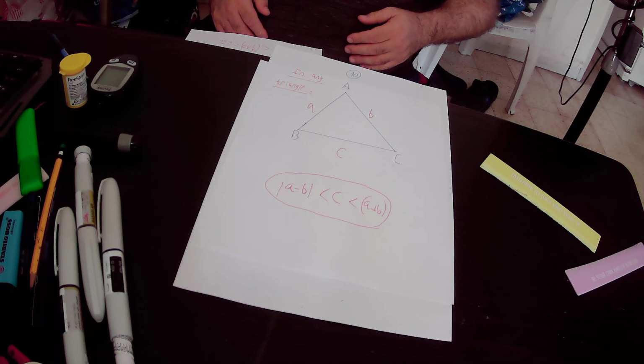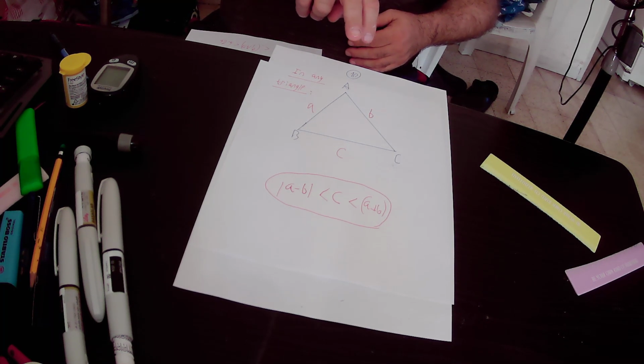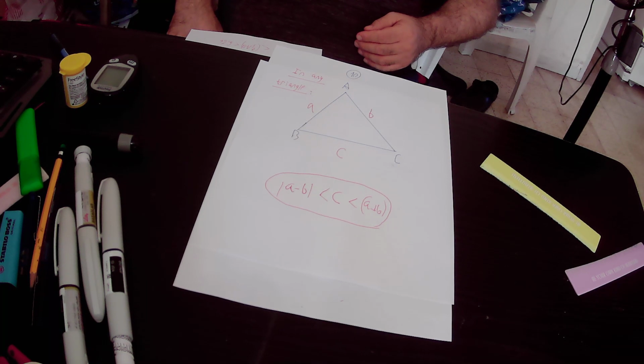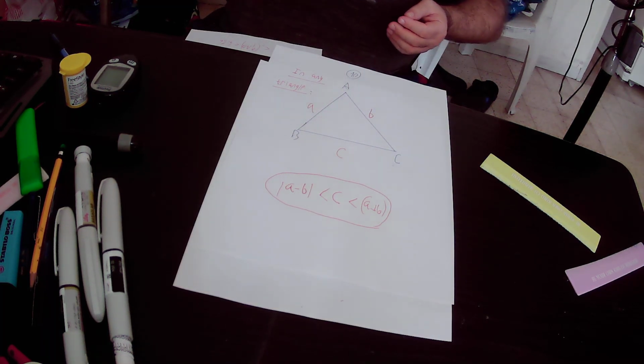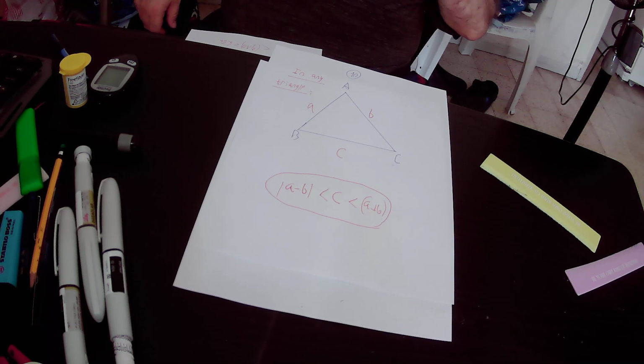That is to say, A plus B will be greater than C, and the difference between two sides of any triangle will always be smaller than the length of the third side.